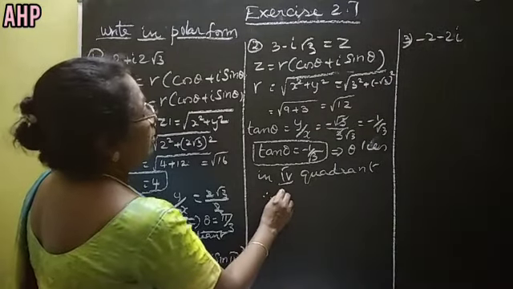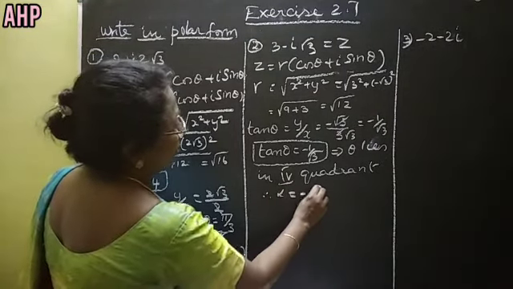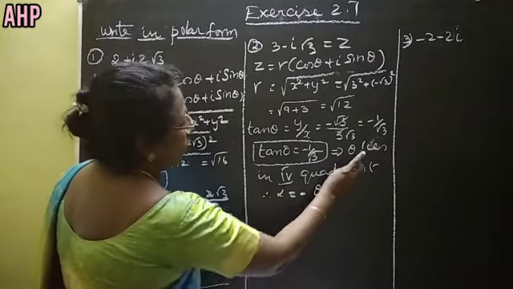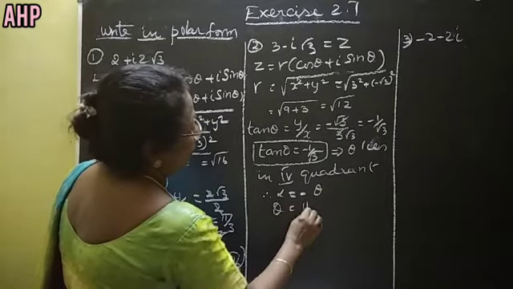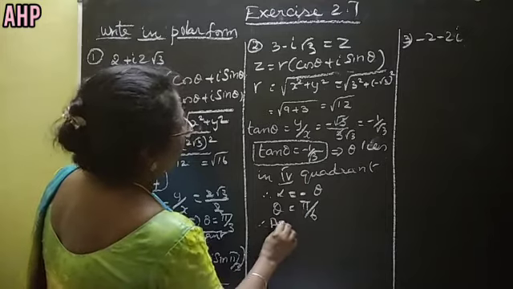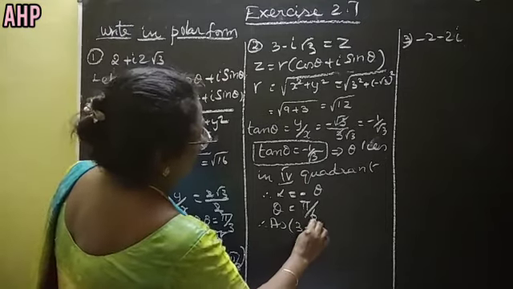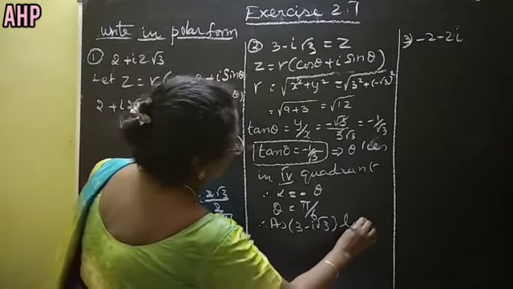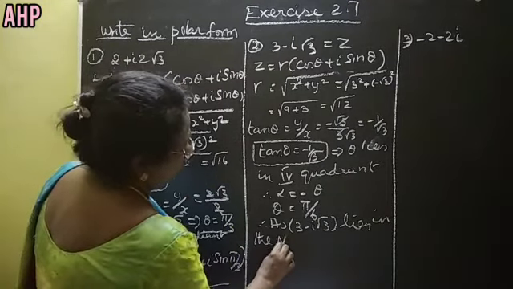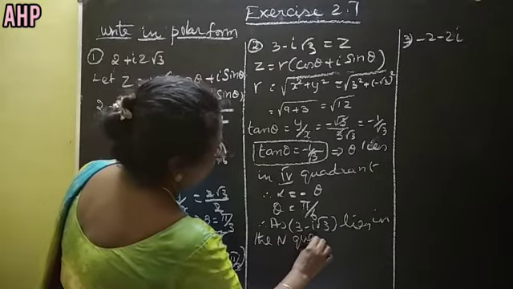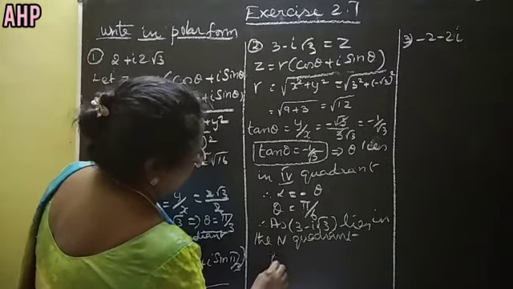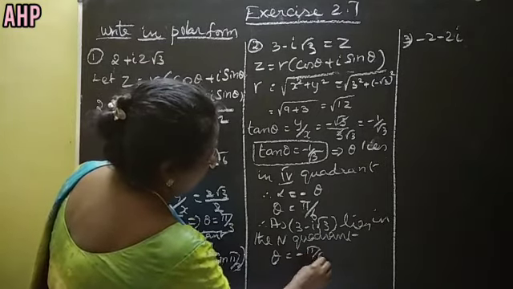Therefore, theta is equal to minus alpha. So here alpha is equal to pi by 6. So therefore, as 3 minus i root 3 lies in the fourth quadrant, your theta will be equal to minus pi by 6.